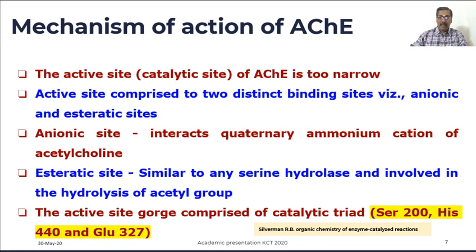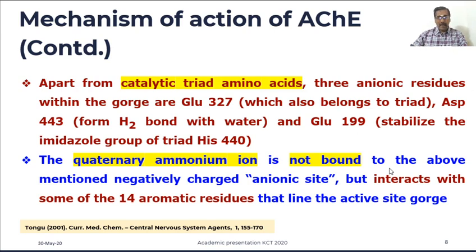These are the catalytic triad amino acids which are distributed in acetylcholinesterase and which are majorly responsible for hydrolysis of the ester bond of acetylcholine. Apart from catalytic triad amino acids, a few other amino acids also play a major role in stabilizing the acetylcholine substrate, and thereby help the catalytic triad amino acids to hydrolyze the substrate very effectively.